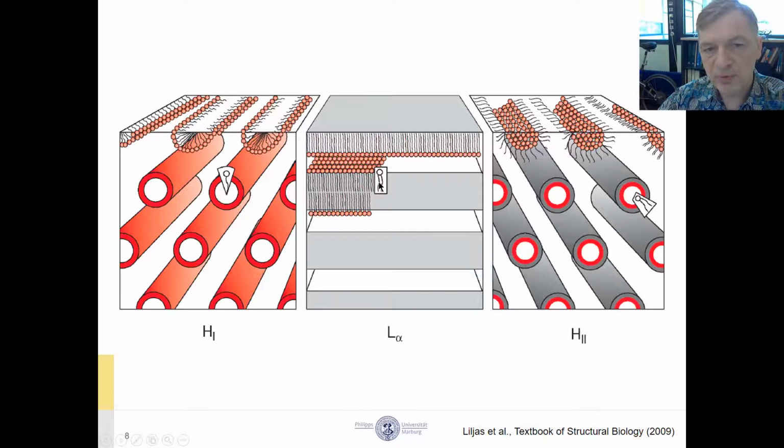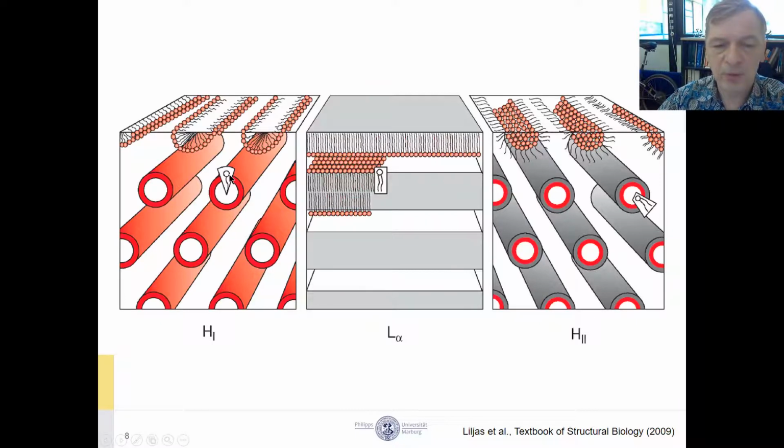That can be different when you have a normal detergent, for example in your washing powder. You usually have detergents or lipid-like compounds that have a much smaller diameter in the hydrophobic acyl group than in the polar head group.